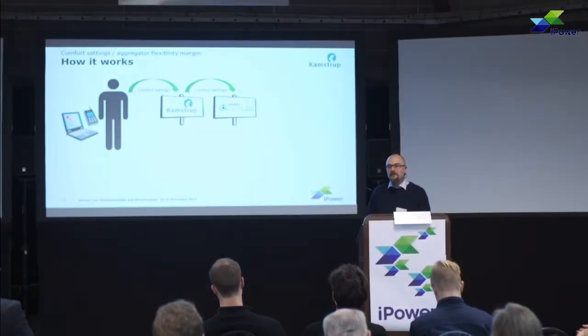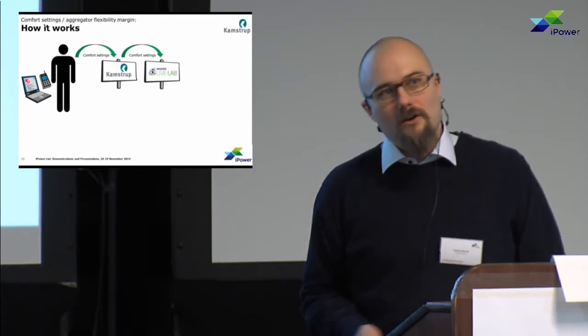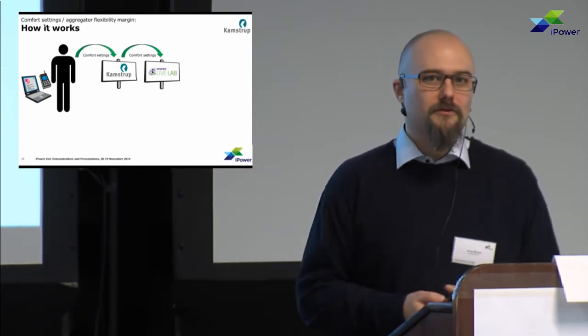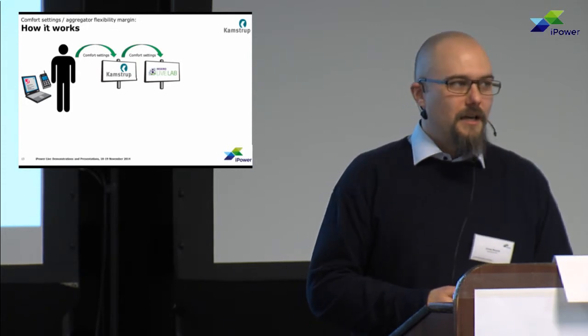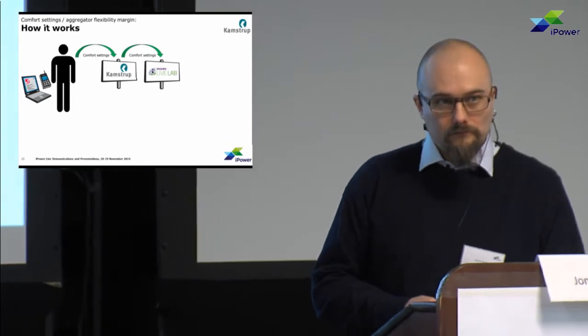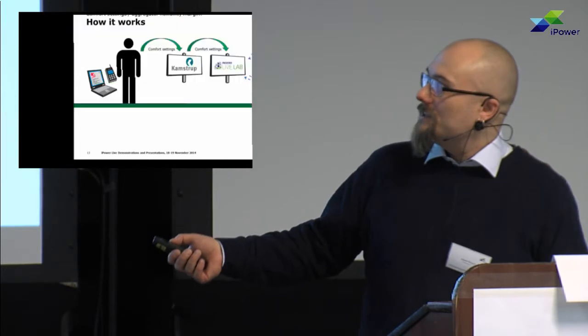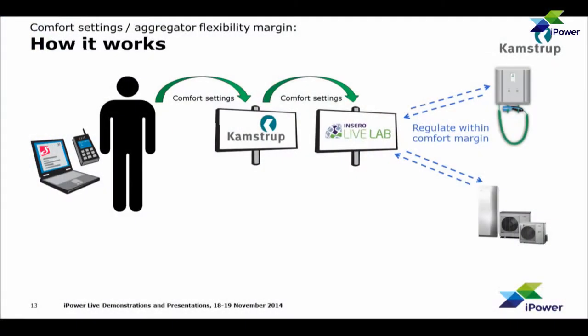That's, for example, accepting a fluctuation in your home temperature of a certain number of degrees, or accepting that your car is not fully charged at all times. So those are the comfort settings that we expose in the platform, and they're the settings that create the margin for inZero's software to turn the equipment on and off. So that's how it works.